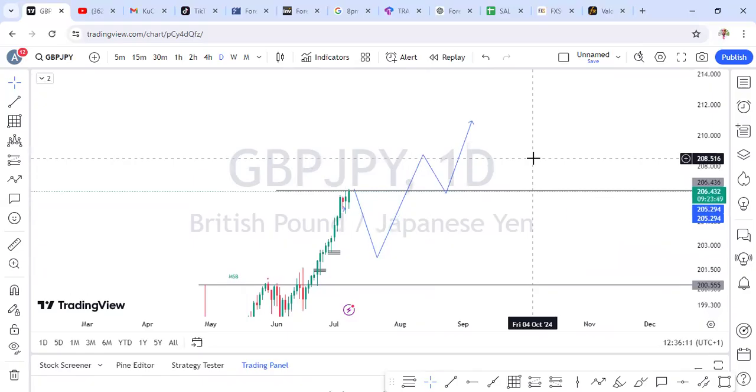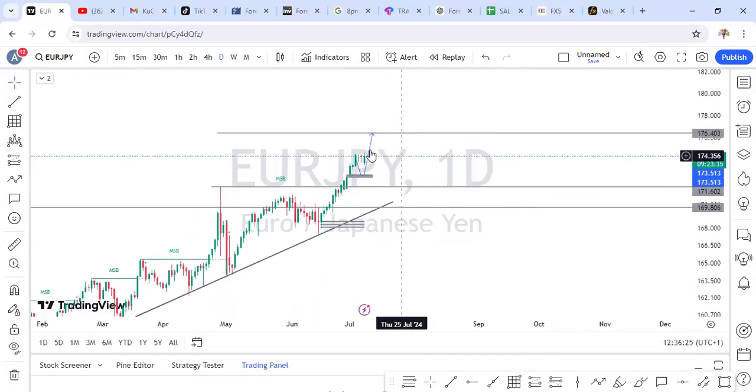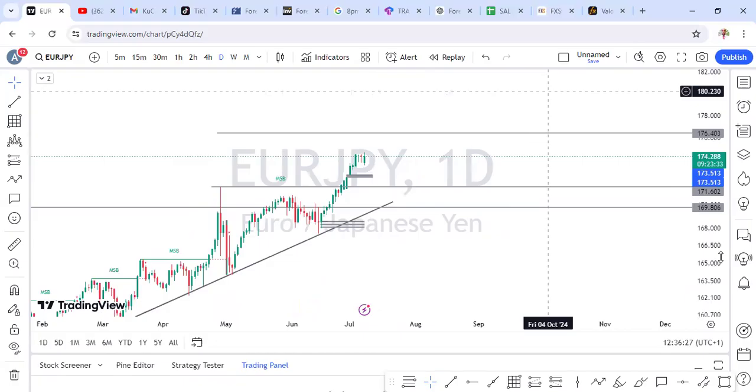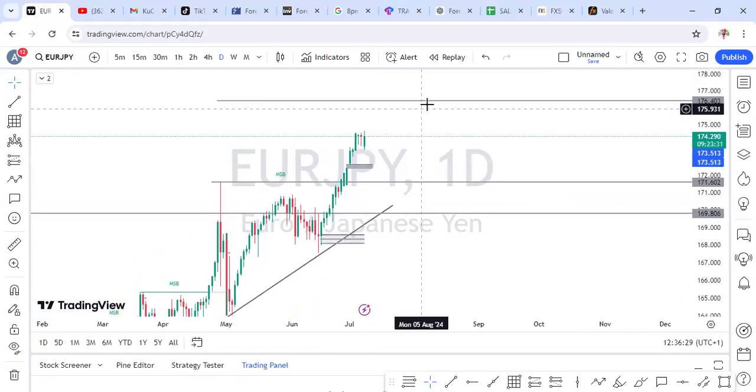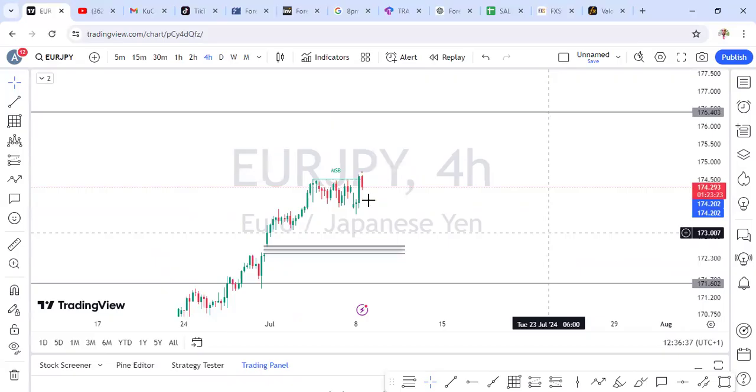So for GJ, that is that. I think the last ones are Euro JPY and the GJ family. All of them are serious and moving to target, and you can see this one is coming to that place. This one's entry is too high, so let's just leave this.